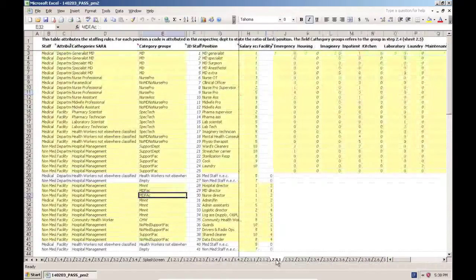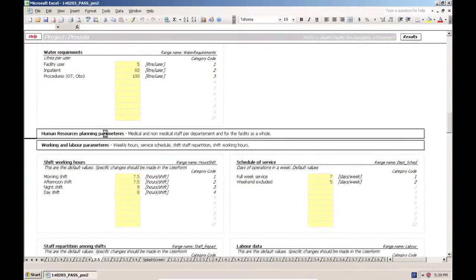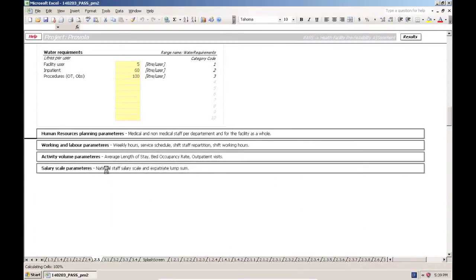One last thing about these pages that you see here, there is salary scale. For each position, there is a salary scale level that is attached to each position. Once again it's a default value that has to be inserted by the user, and once again you find the value here in this page, and it's the last family.